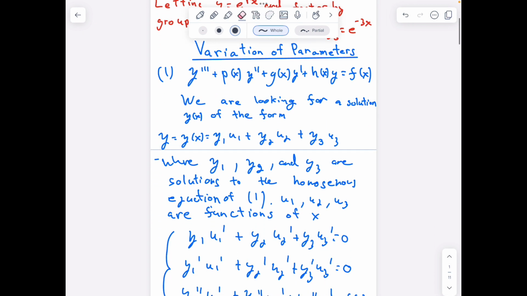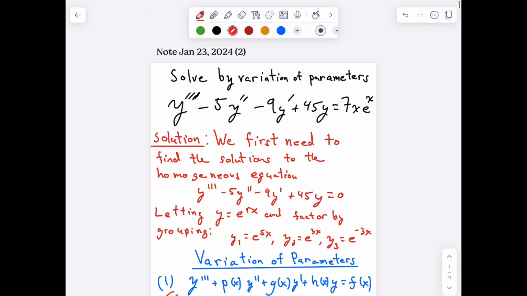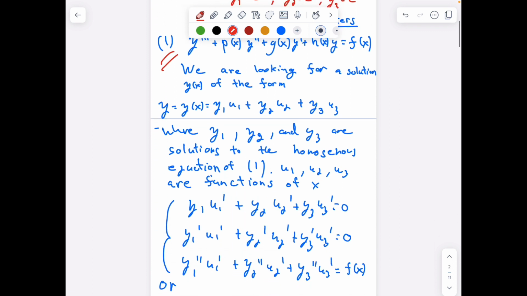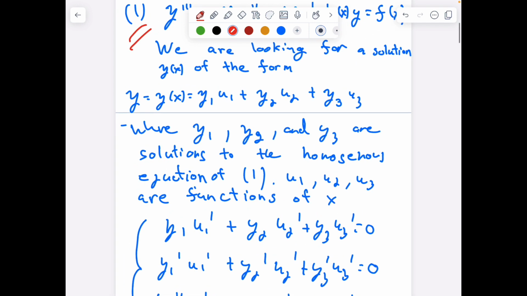And variation of parameters basically states that if you have an equation of the form of what you see here with number 1, which is what I had originally up here, we are going to look for a solution of the form that you see here.